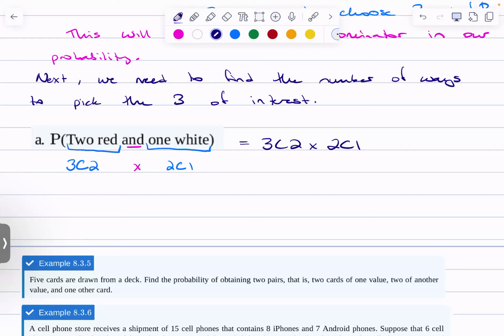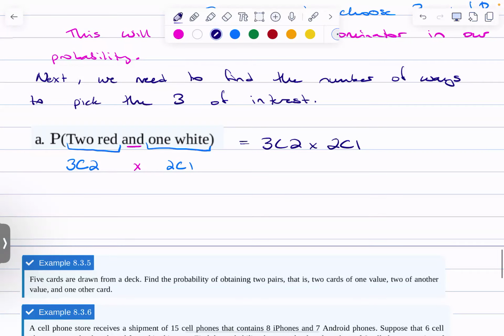I would say you can do it with the factorial formula, but you can just use your calculator. Otherwise, it's a lot of just multiplying, canceling, and another multiplication, and then division. Ew. Let's try it on your calculator. 3 choose 2.